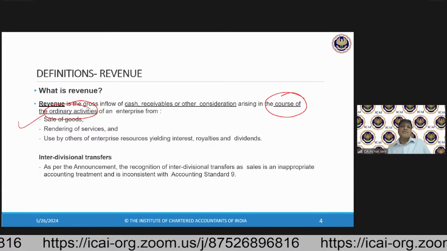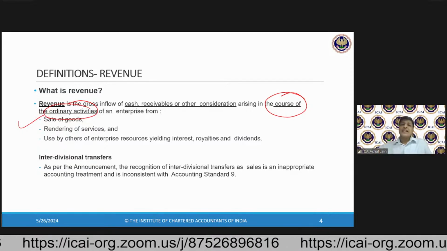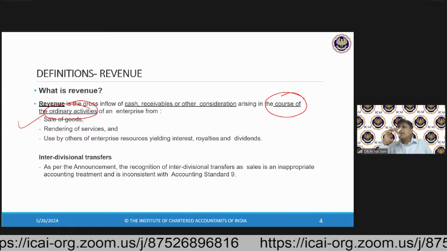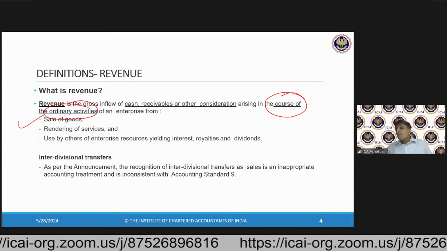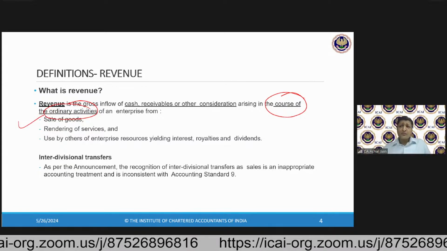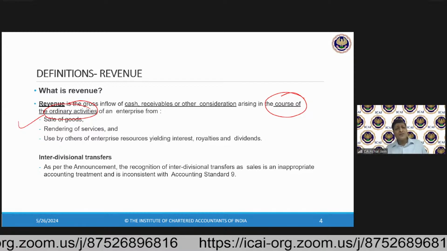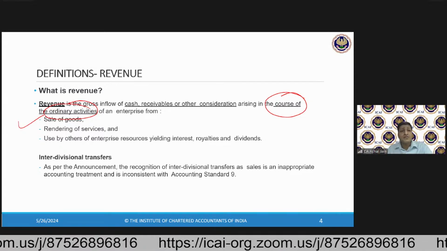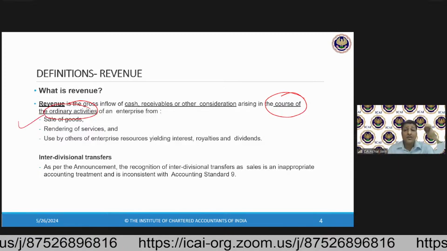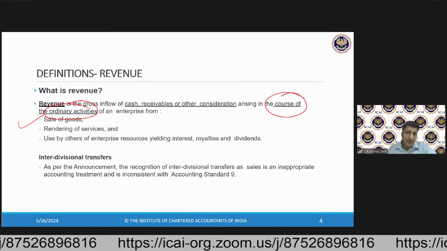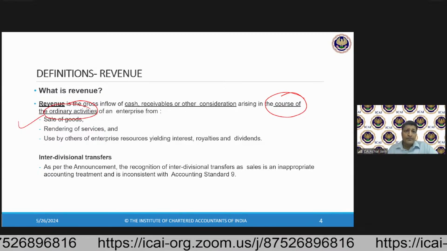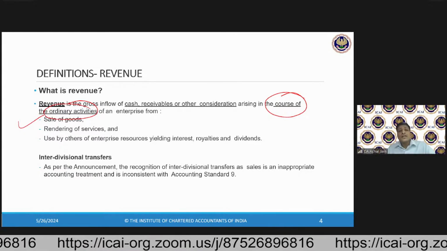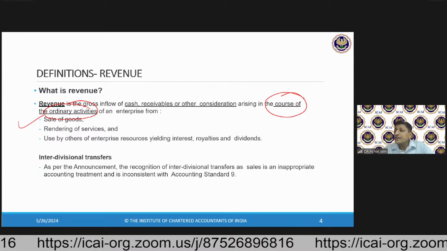Say the company is having inventory. Now when the inventory is sold, the sales which get generated, what would that be called? Revenue recognition. Okay, let's suppose the company is in the business of rendering services, say consultancy services. So the revenue in respect of that, what do you call it? Revenue falling under AS 9.